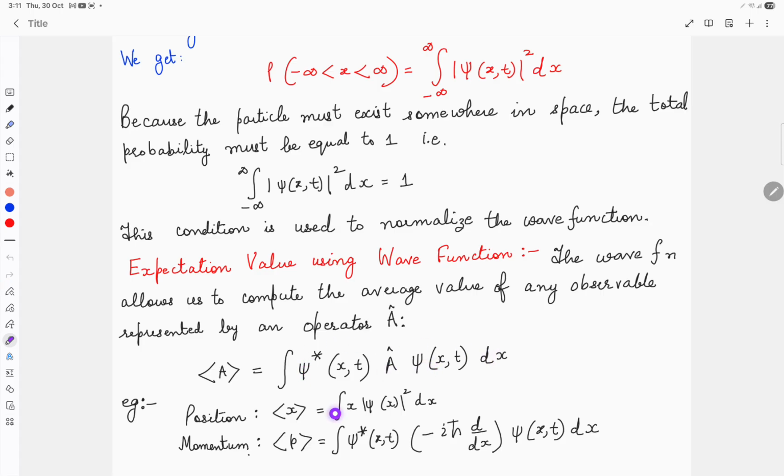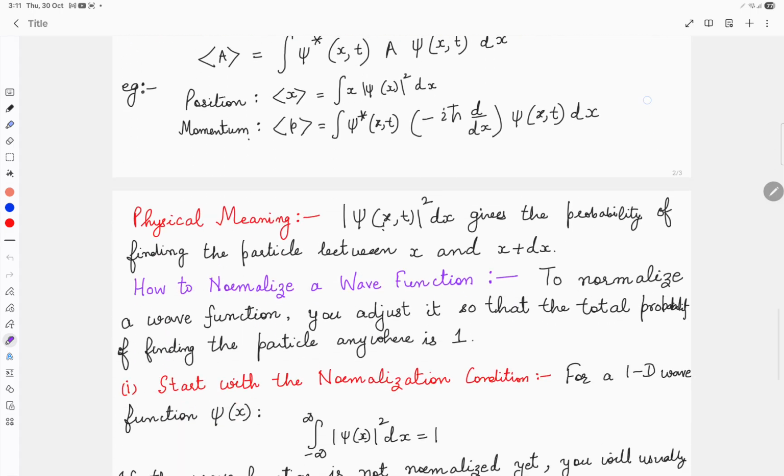This is how we can find the expectation value of a certain observable or operator. For the case of position, this will be equal to x times mod psi x squared, because psi conjugate and psi give mod psi x square, and x is the operator. In the same way I can find the momentum also using the wave function.